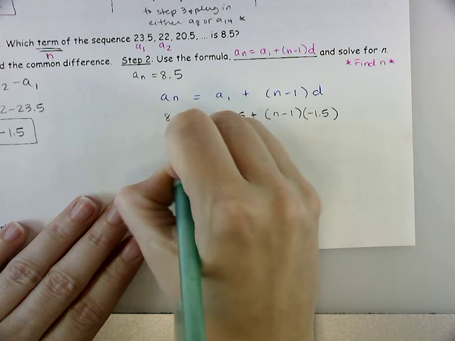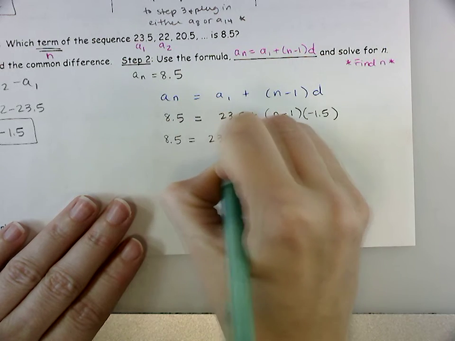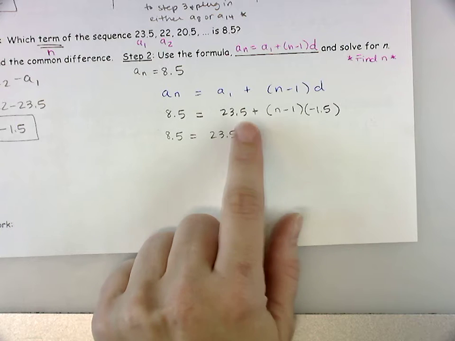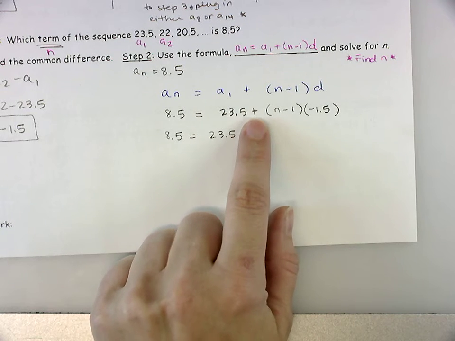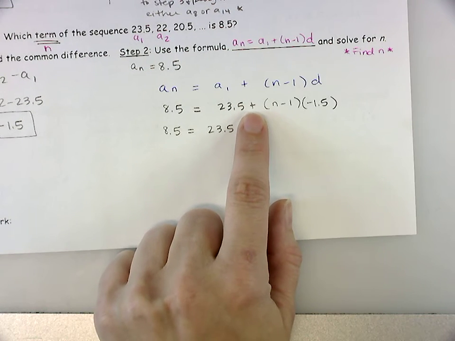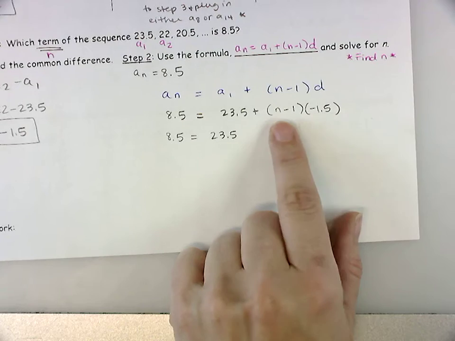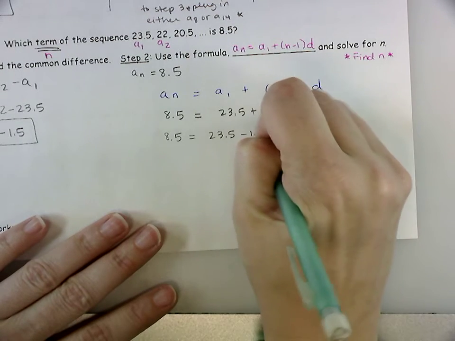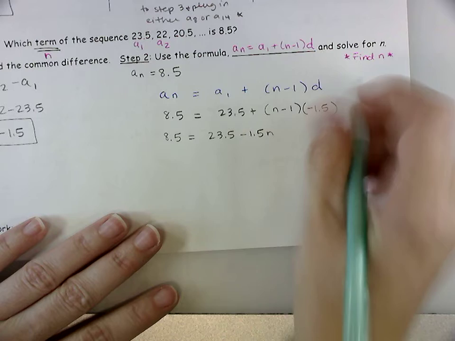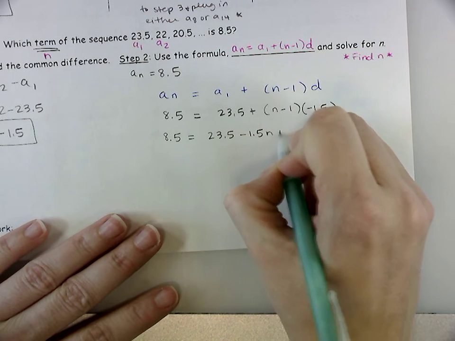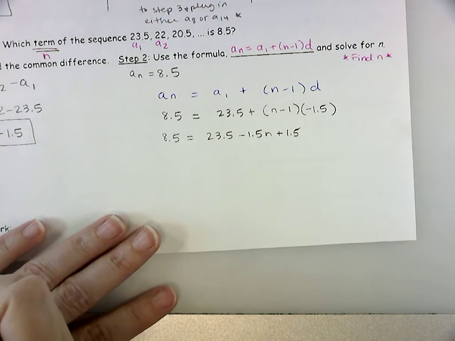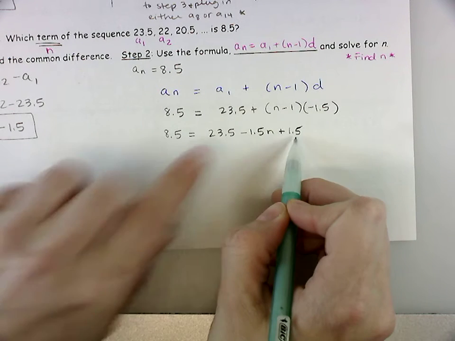So distribute. What are you distributing? 23.5? No. Megan, see you have the plus sign here? Oh, sorry, yeah. So it's really this that's being multiplied. You're going to distribute the negative 1.5 to n. And for this one, you have a negative times a negative, so that will be positive. Let's do this part without a calculator.